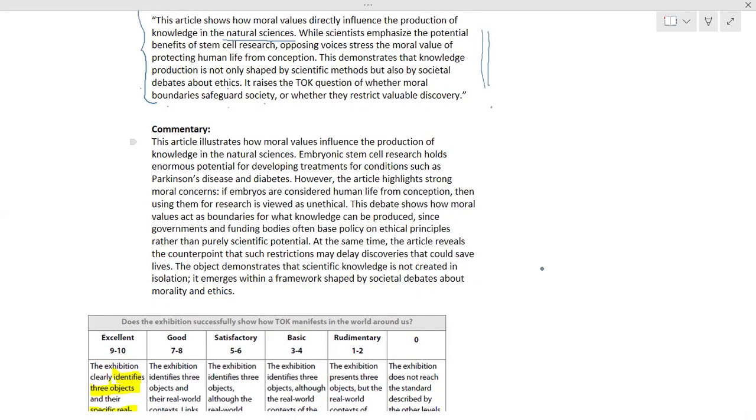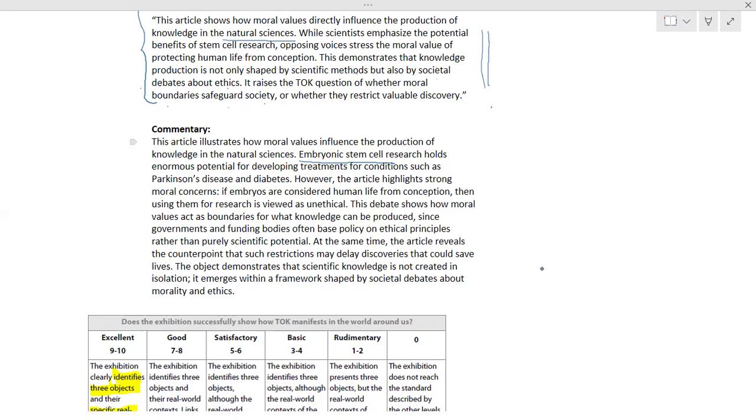So this is an example of how you can improve on your commentary. Okay. You can also discuss a little more about embryonic stem cell research, how it is important and what conditions it can cure, and what the article is highlighting, what the debate is, what the claim is, what the counterclaim is, how the TOK question is raised, and finally, a justification of why you have selected this object for this prompt.